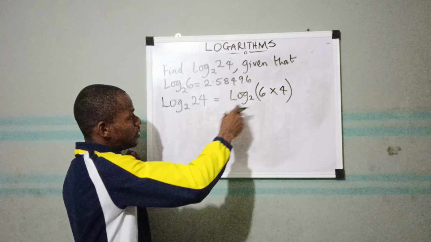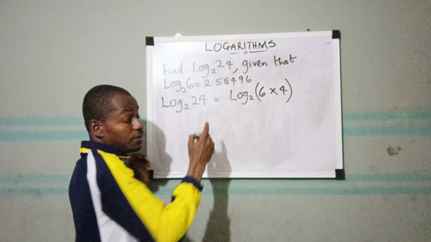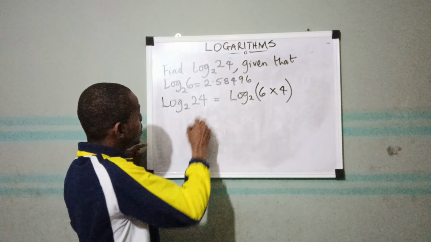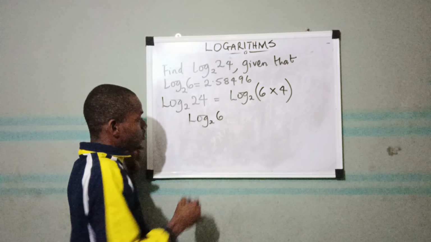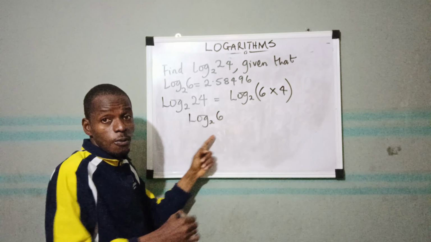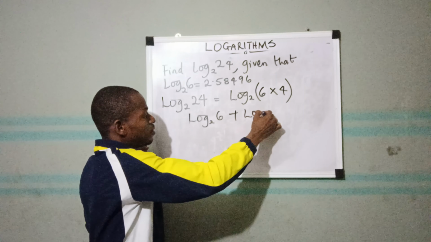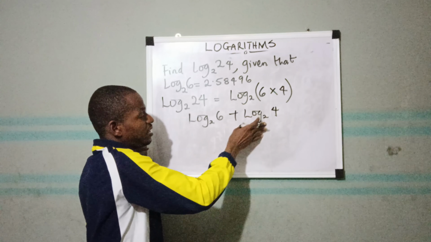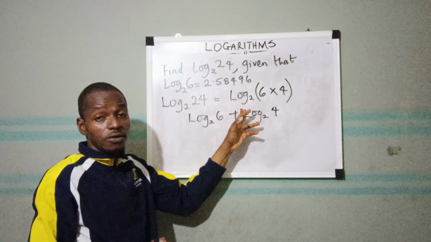From the first law of logarithm, this is the same thing as splitting it to be logarithm of 6 base 2 plus logarithm of 4 base 2.